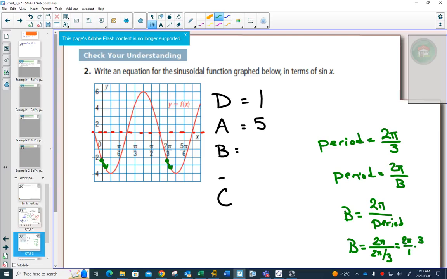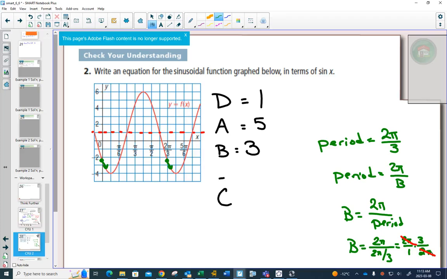And if we're multiplying by the reciprocal, you may notice there was a 2 pi on the top and almost a 2 pi on the bottom. There it is. And we could simplify those, and we would get that our B value is 3.